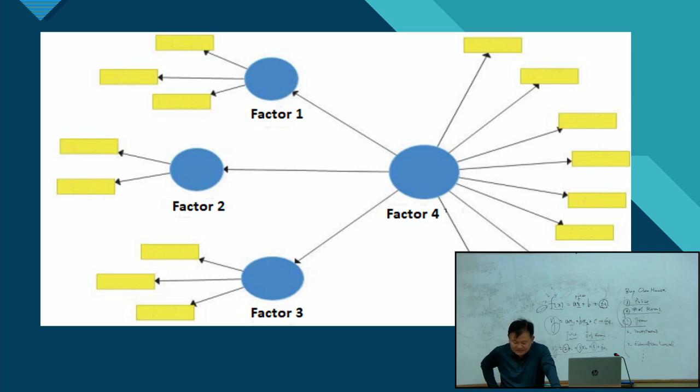Factor analysis is a statistical method used to describe variability among observed, correlated variables in terms of a potentially lower number of unobserved variables. For example, it is possible that variation in 6 observed variables mainly reflects the variation in 2 unobserved variables. The pictures are very easy to understand.